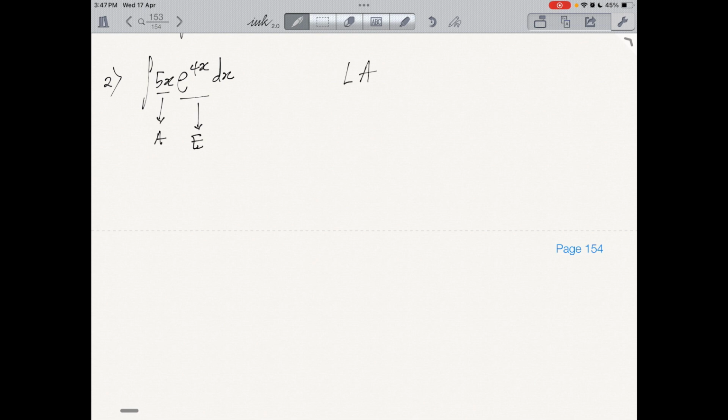Considering LAET moving in a progressive manner, we will realize that A comes first. That means it will be our u, and the exponential will be our dv. Therefore, we are saying our u is equal to 5x and our dv is equal to exponential 4x dx.